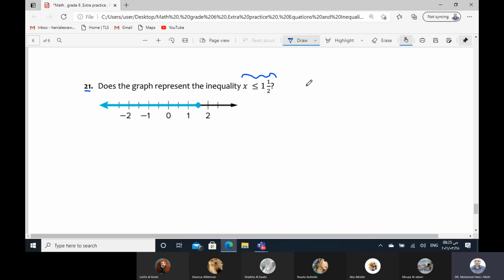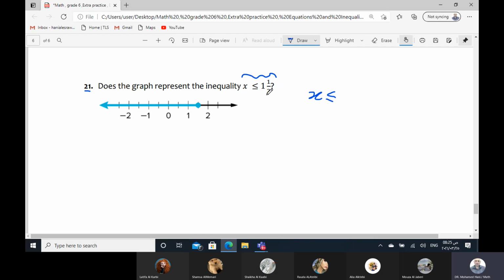As you see here, we have x less than or equal.